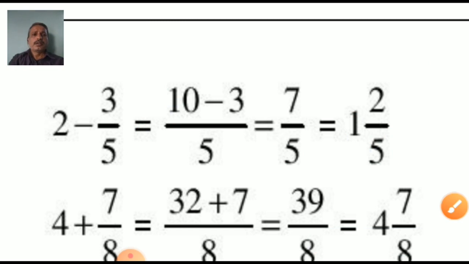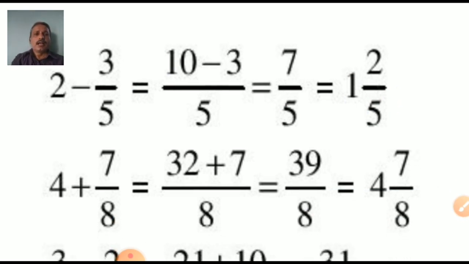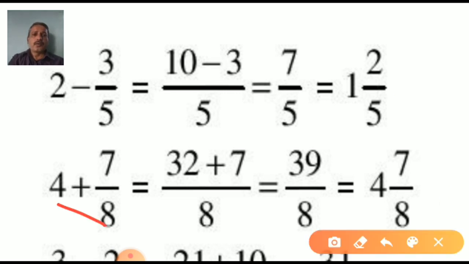Let's look at the second example. The second example is nothing but having the plus sign. Same way, you can multiply this 4 into 8. 8 4s are 32 here. Plus sign, we put the plus sign here. 7 as it is, 7. 32 plus 7, that means 39. 39 upon 8.